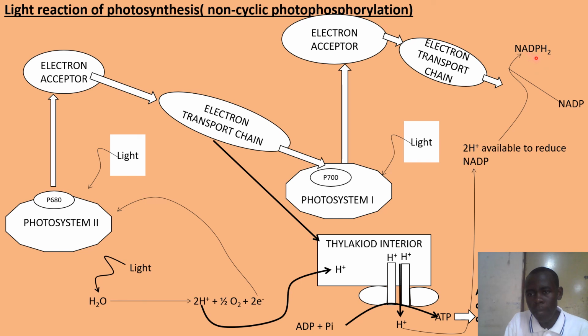This NADPH2 is a reducing agent used in the Calvin cycle, or the light-independent stage of photosynthesis. In our next lesson we shall discuss the light-independent stage of photosynthesis and the role of NADPH2 and the ATP produced in this cycle. Don't miss it.